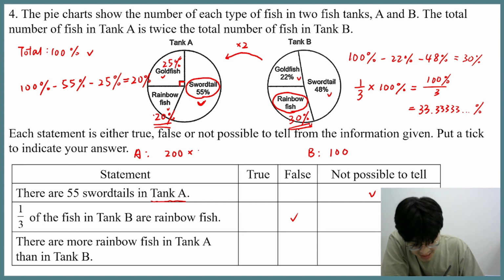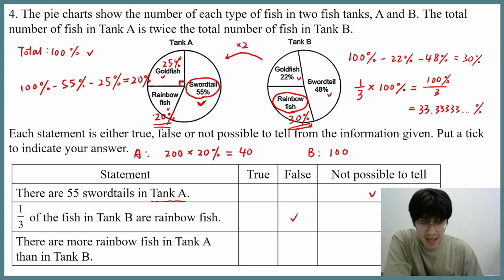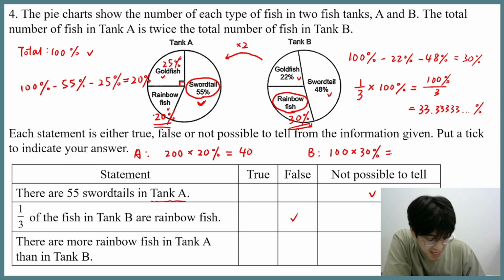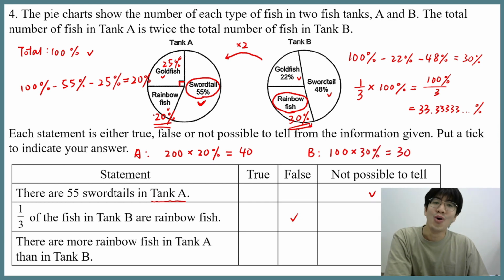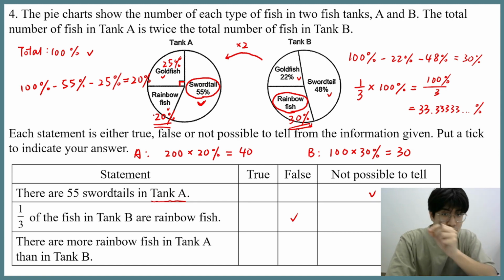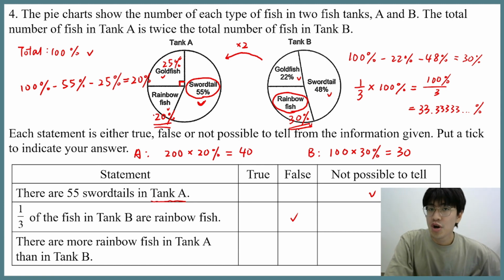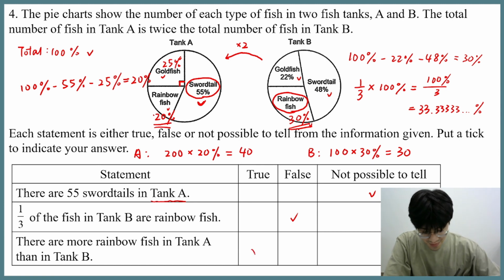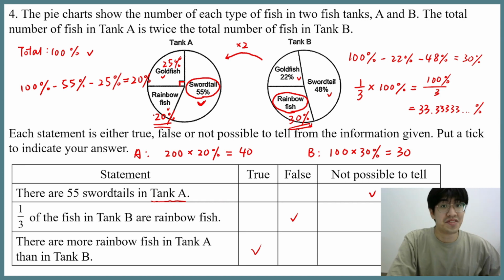And 20% of 200, we get 40. And 30% of 100, we get 30. Oh, so we can see that tank A would have more rainbow fish than tank B. So for the final statement, which option do we choose? True. So that solves this problem.